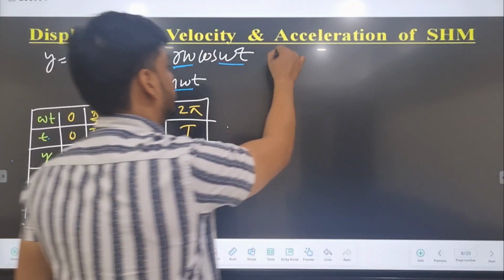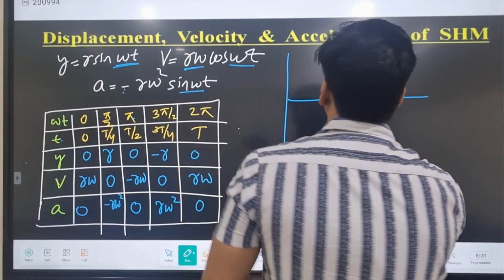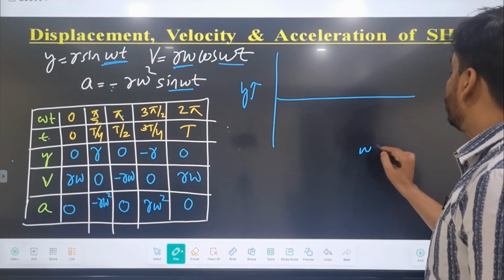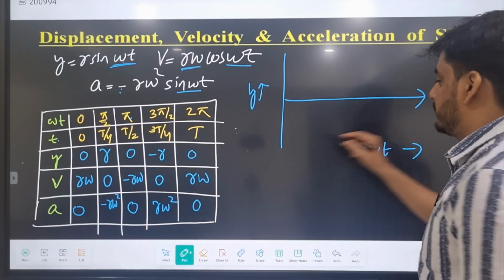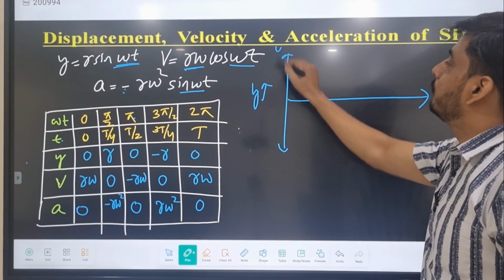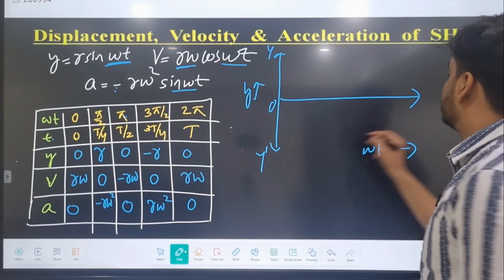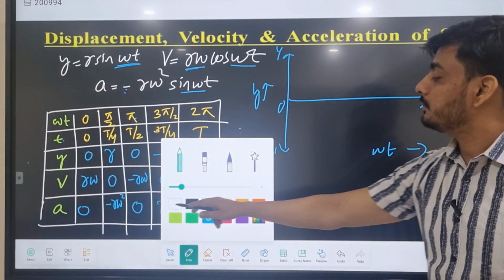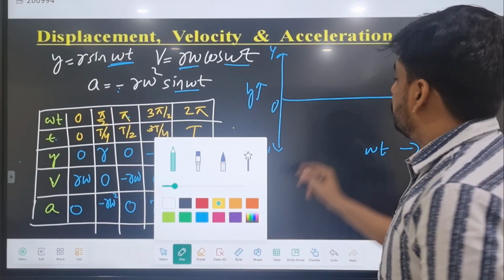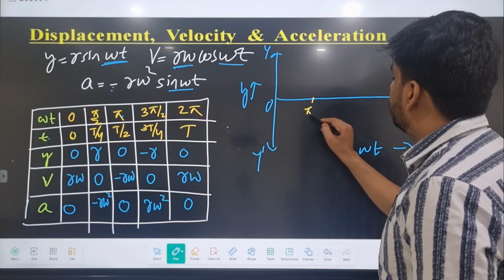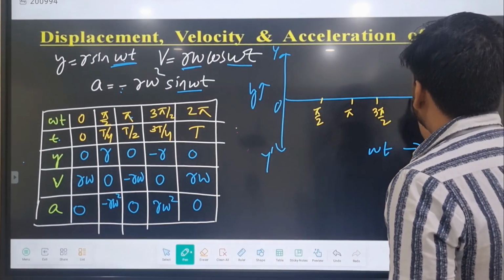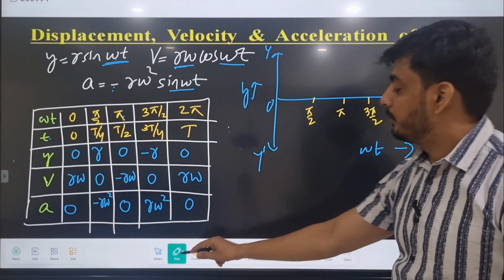To plot the graph, the first one is displacement along the y-axis and omega t along the x-axis. This is the y-axis, y dash, this is the origin, and this is the x-axis. Now we have to plot. Let this be pi by 2, pi, 3 pi by 2, 2 pi.